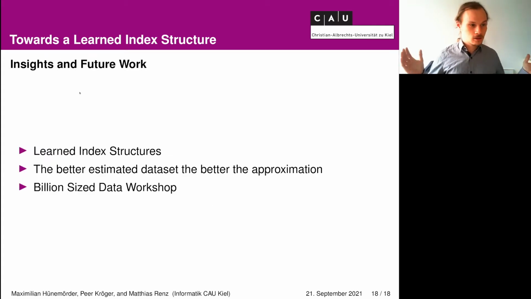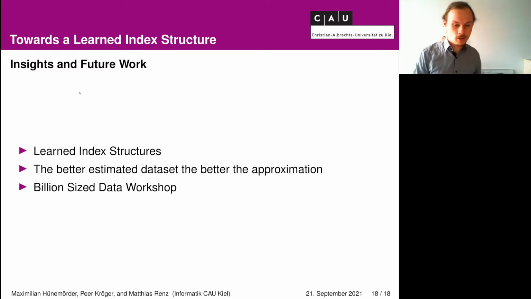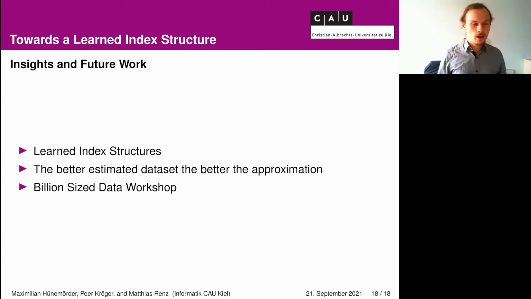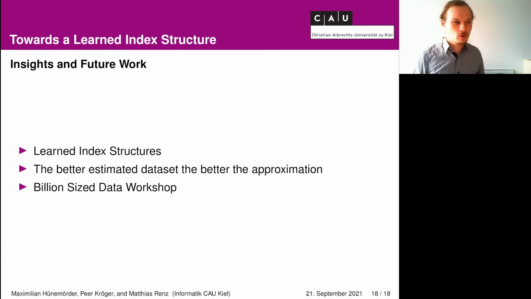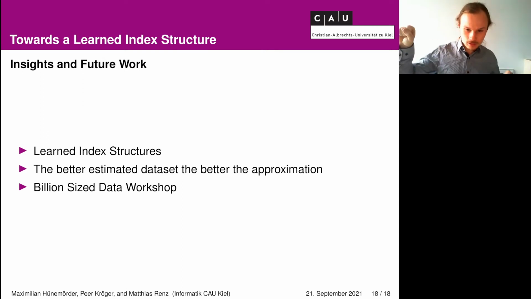Now, what can we do with this? What does it mean? The first thing we learned is that learned index structures are very interesting and should be very useful for nearest neighbor or approximate nearest neighbor search. And we learned that the better our partitioning algorithm can estimate the densities of a data set, the better our data set can be split, and the better our approximation gets, as the decision boundaries of the classifier get better.